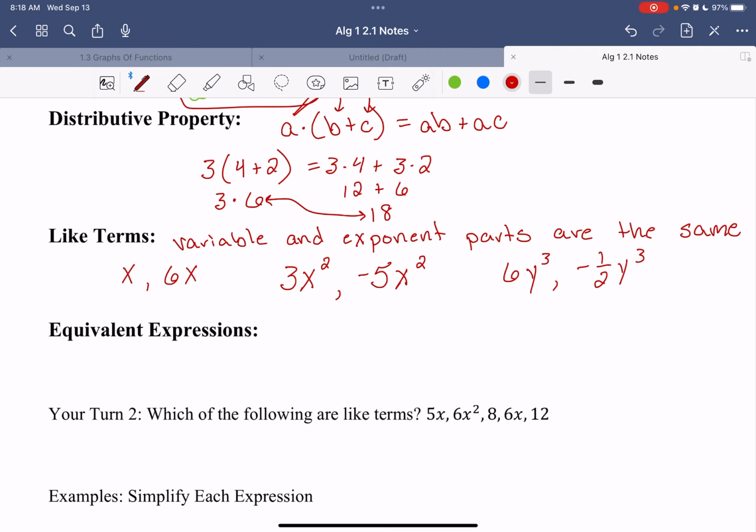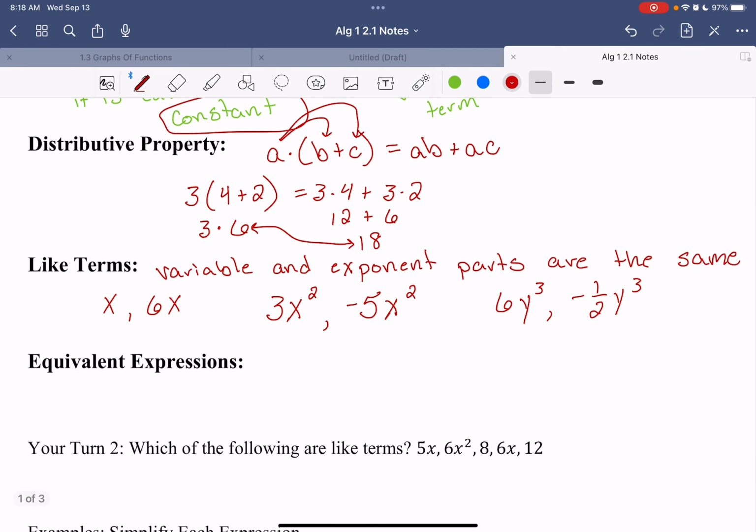The entire variable part has to be the same. x squared y, x to the second y, and 2/3 x to the second y are alike. But notice x is to the second in both of them, and they both have a y. Okay, they're like terms.